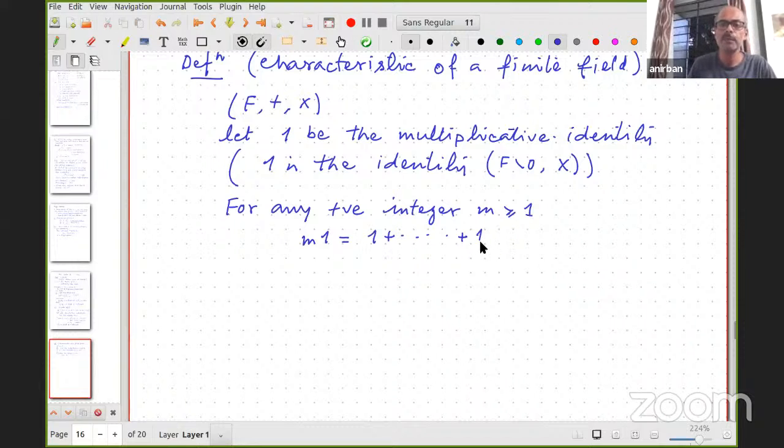This one is coming from the finite field. This is the identity. So we use the same notation to make things easier. Otherwise, it will be notationally cumbersome. But this is something to be remembered. So m1 simply denotes the sum of this multiplicative identity m times. So we just add them m times. Although it's in the multiplicative group, this is a finite field. This field has an additive structure, so the addition makes sense.